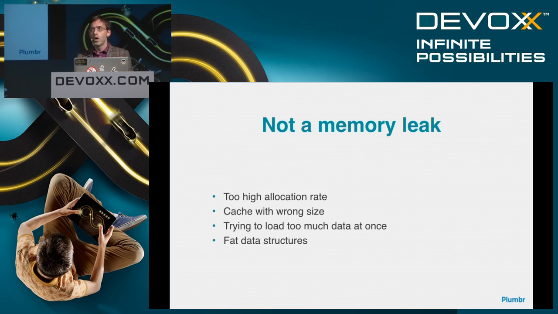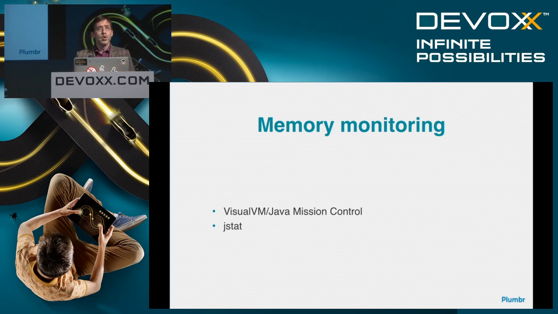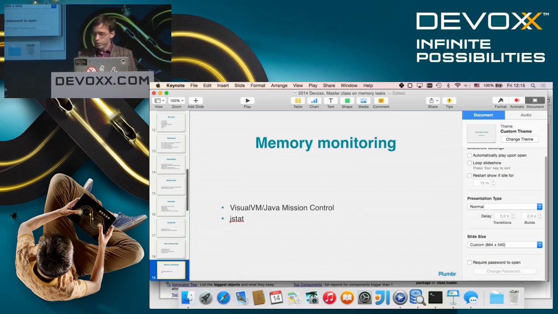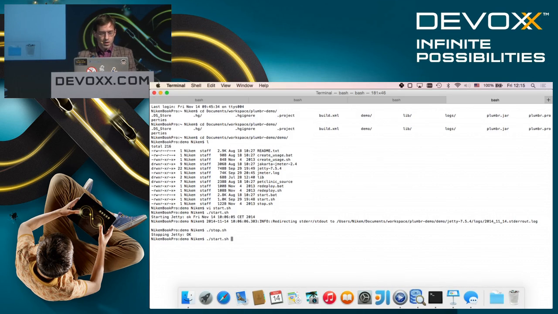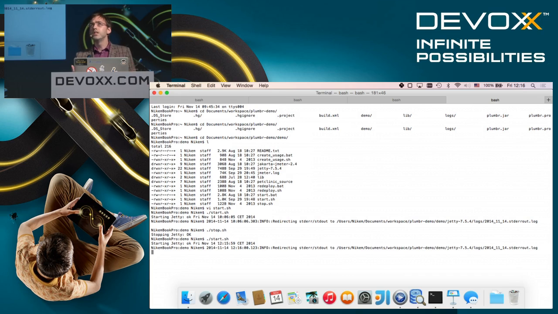A memory leak is only one of the possibilities why you have out-of-memory errors or a high GC rate. So how can you make sure if you have a memory leak or what's going on inside your application? Your administrators report back to you that your application has crashed with an out-of-memory error or that it's too slow.